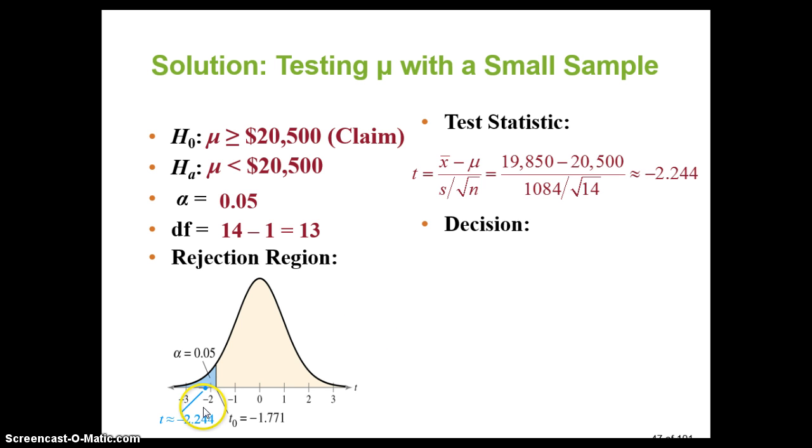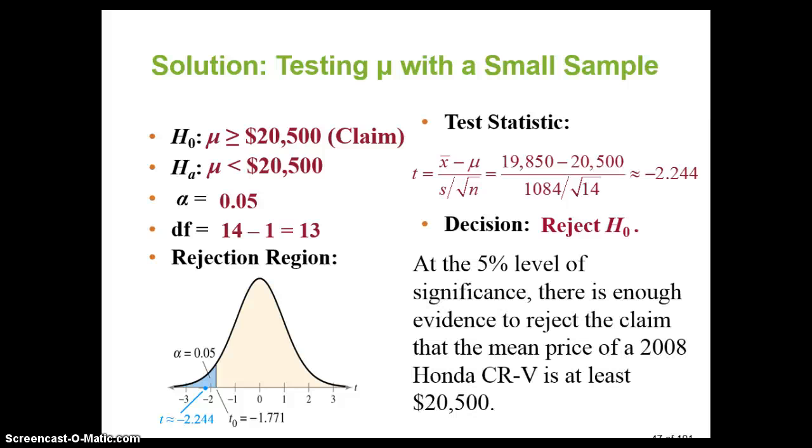And if we look where that falls on the rejection region of this t curve, that t-value does fall in the shaded rejection region. So because our standardized test statistic is in that shaded rejection region, we can reject H0. The H0 is no mo. That basically means at the alpha level of 0.05, there is enough evidence to reject the claim that the mean price is at least $20,500.